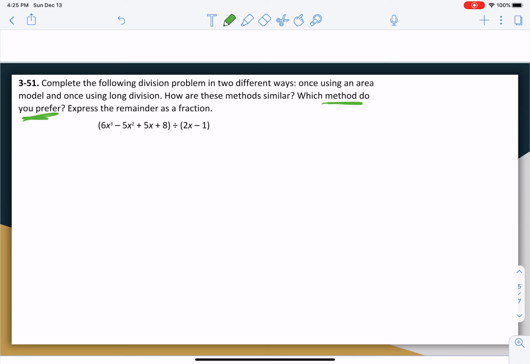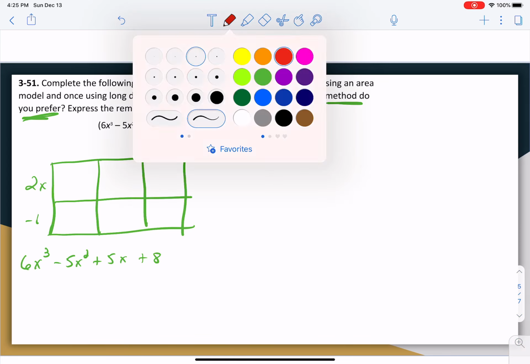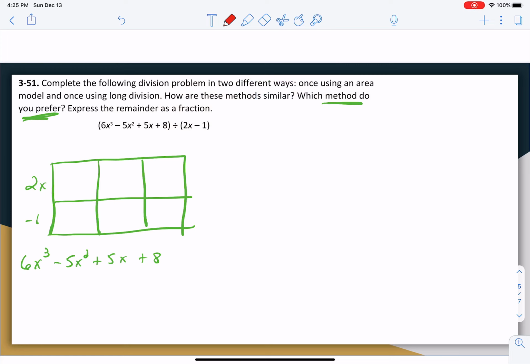Either an area model where I have a 2x minus 1 and a 6x cubed minus 5x squared plus 5x plus 8. So I have to work backwards to figure out what times 2x minus 1 gives me this solution.